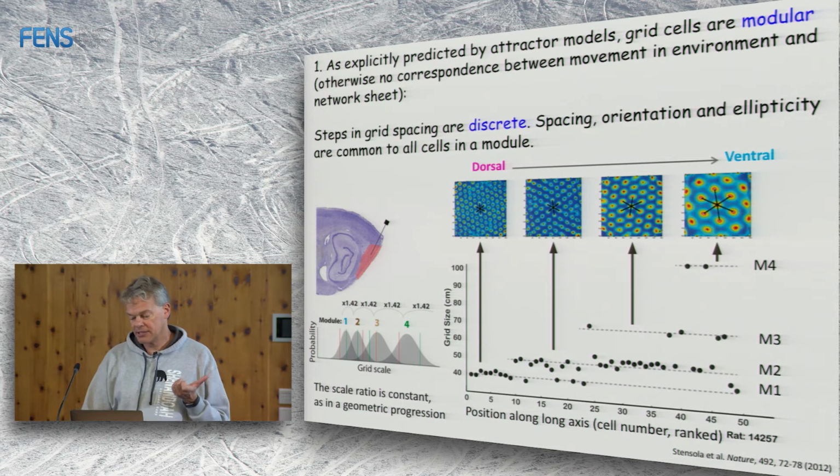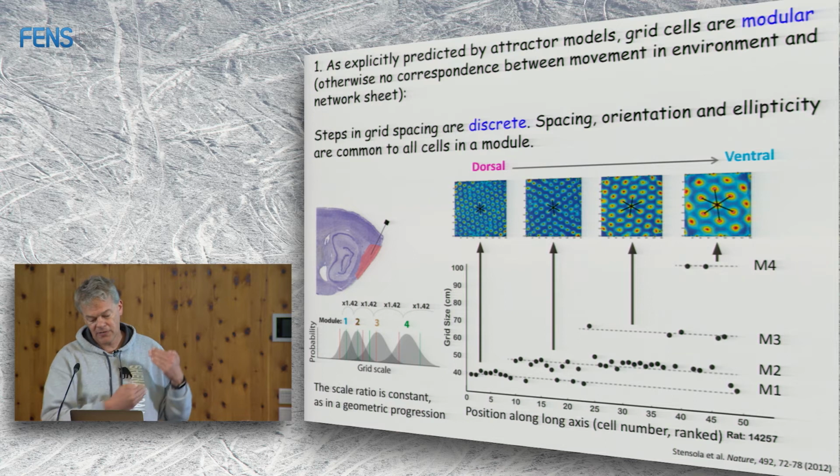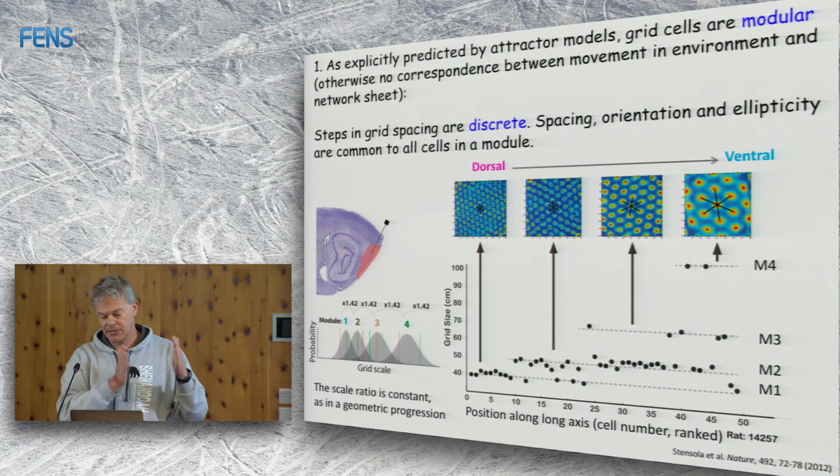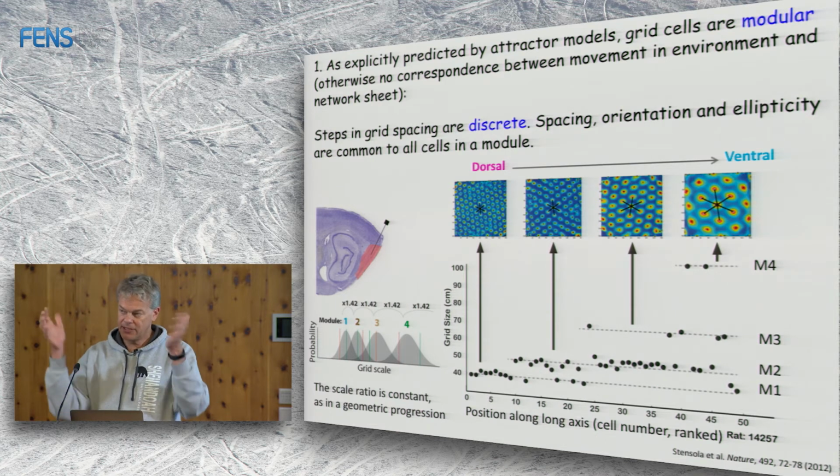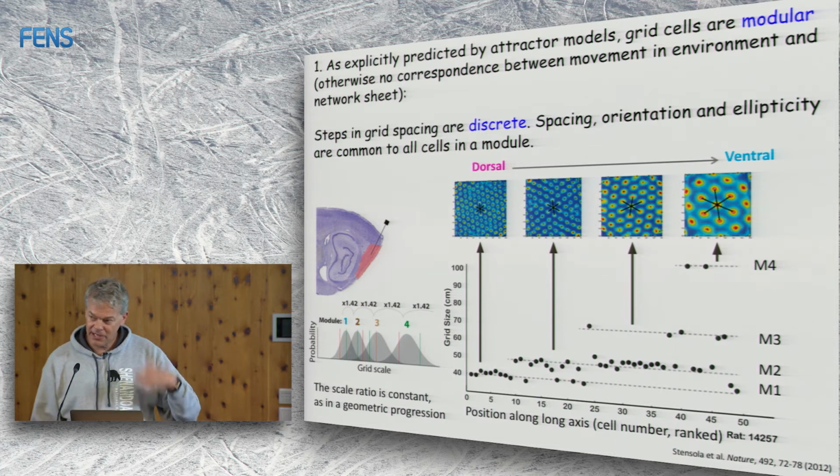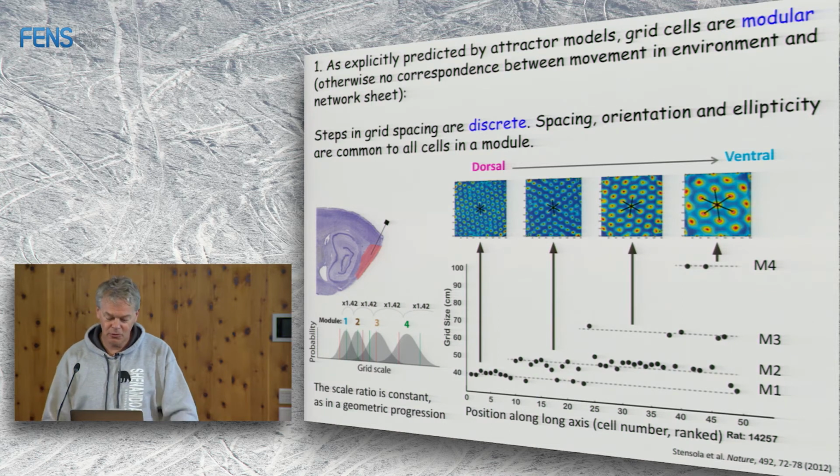And that means that if there are grid cells of different scales within the same attractor network, it gets quite complicated to get that to work, or almost impossible.